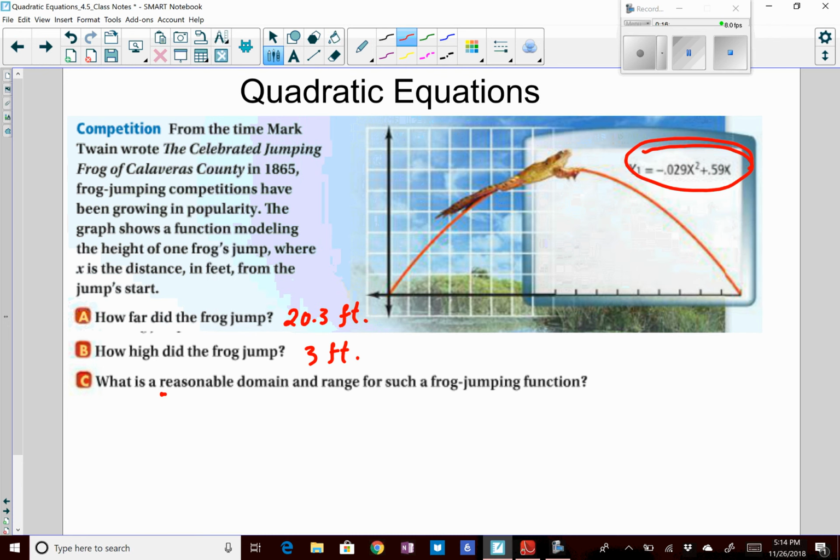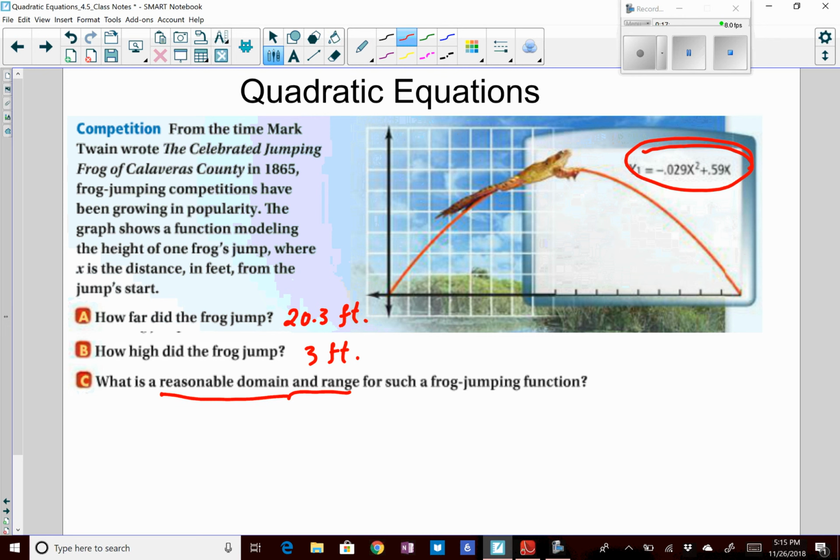Now they want to know what's a reasonable domain and range. So if you recall, when we talked about domain and range for a parabola, we said that generally speaking, the domain is all real numbers, and for a parabola with a maximum like this, the range would be y is less than or equal to k.